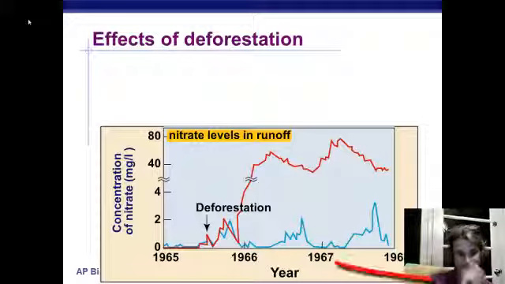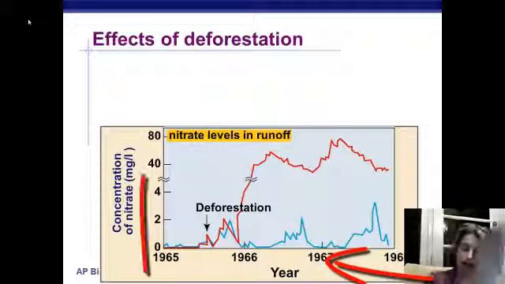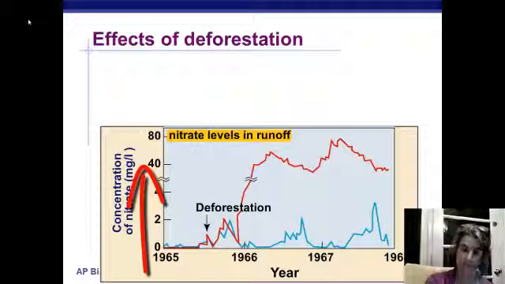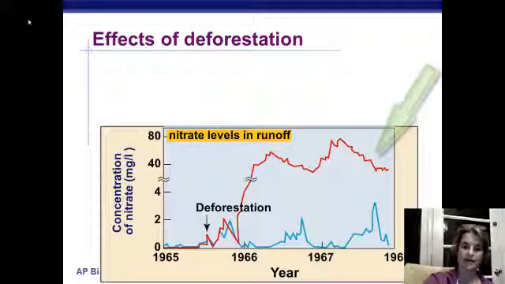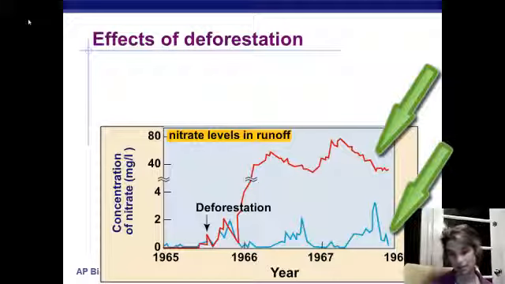What this is showing, we've got your x-axis along the bottom showing time. Your y-axis goes up the side, which is essentially showing what is measured during this experiment. Essentially what they measured over time was the amount of nitrate in the runoff, which is the water running off the surface of the land, in an area that was deforested, which is indicated by the red line, and an area that was left forested, which is indicated by the blue line.